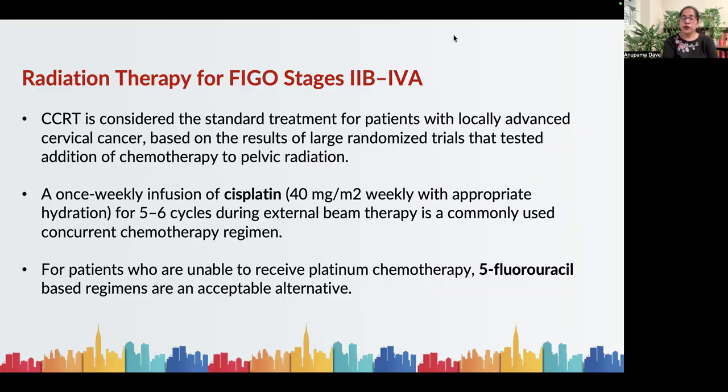Once weekly infusion of cisplatinum, 40 mg per meter square, with appropriate hydration for 5 to 6 cycles during external beam therapy is a commonly used concurrent chemotherapy regimen. For patients who are unable to receive platinum-based chemotherapy, 5-fluorouracil-based regimens are an acceptable alternative.